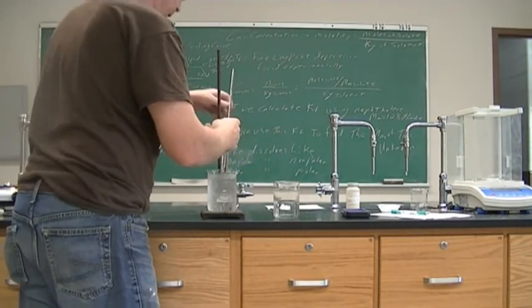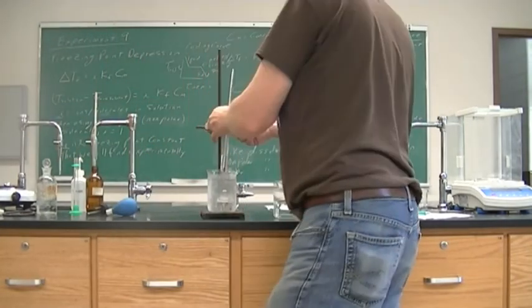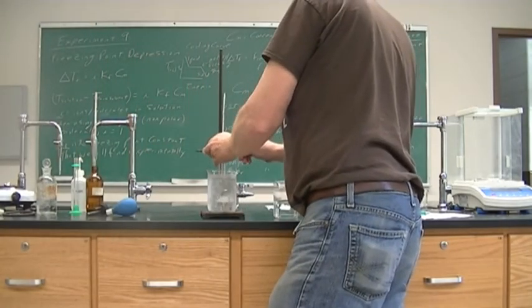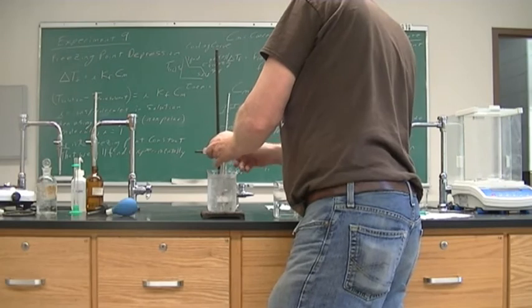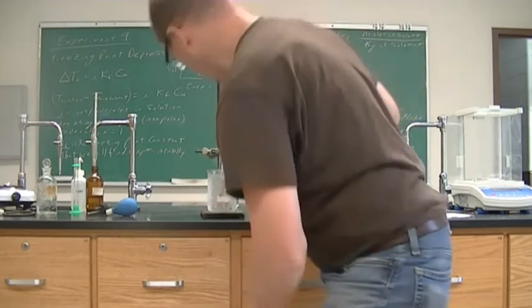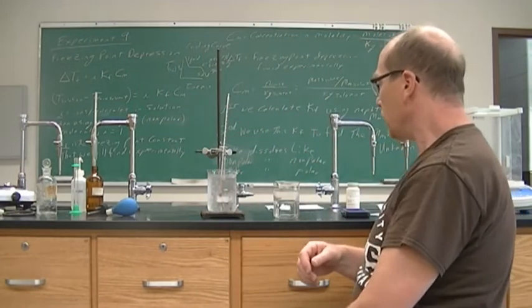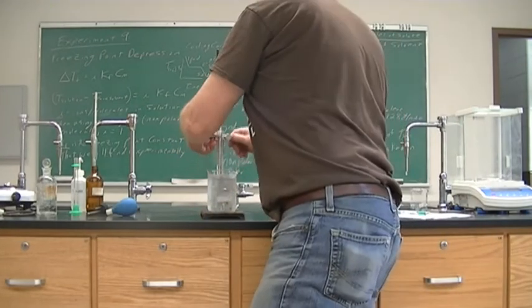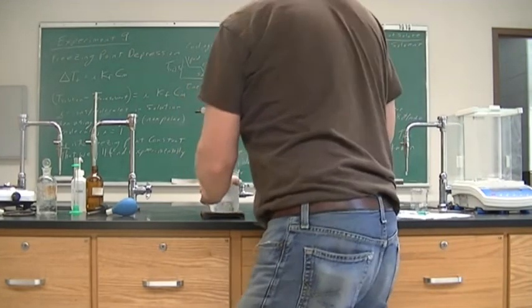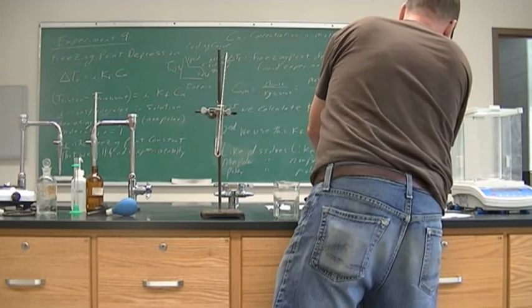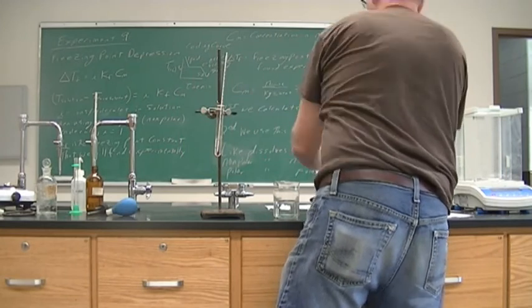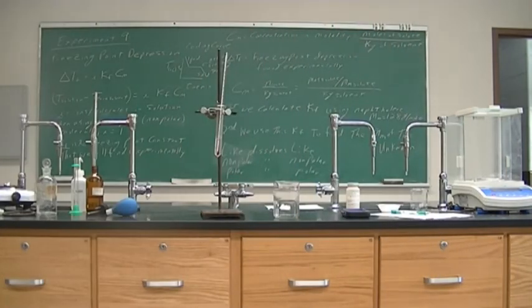Okay, so we'll put that into our ice bath. Might have to add some more ice again. Yeah, let's add some more ice. Pour out some of the water. Add a few more ice cubes.